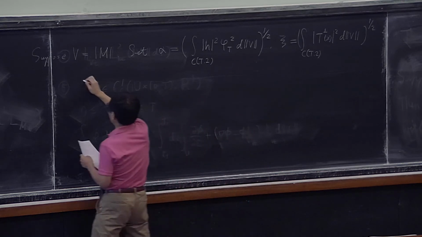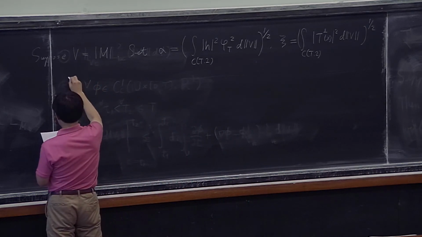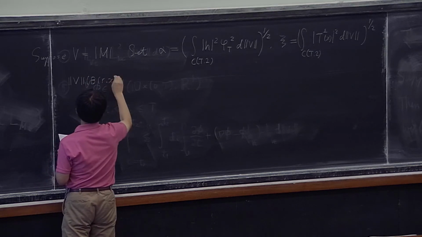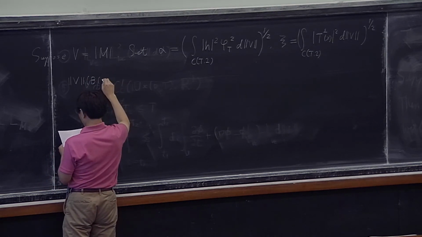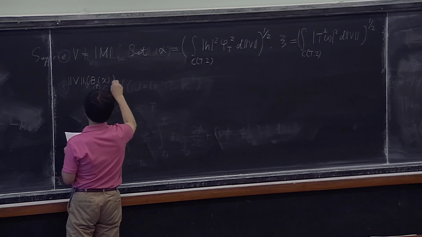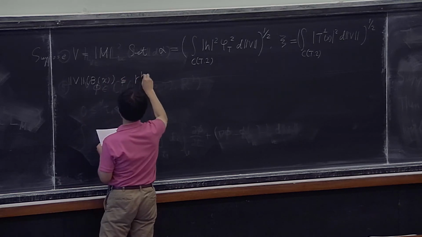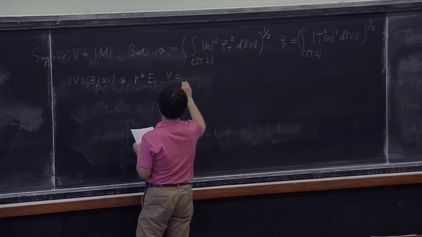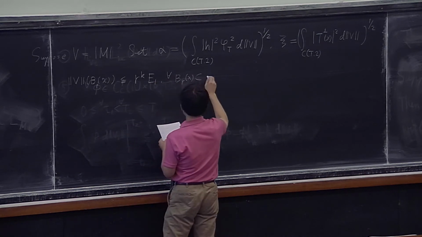Also assume that we have the same bound, that the mass V of B_r(x) is bounded by R^k E1 for any ball inside the cylinder.